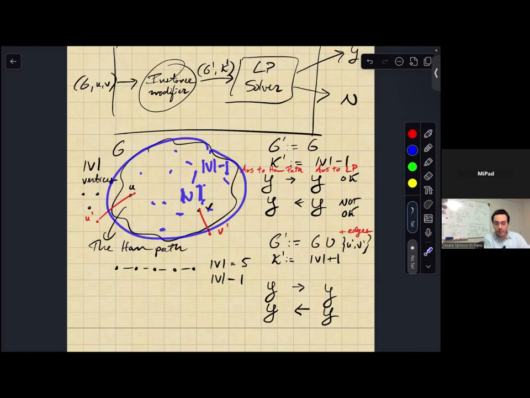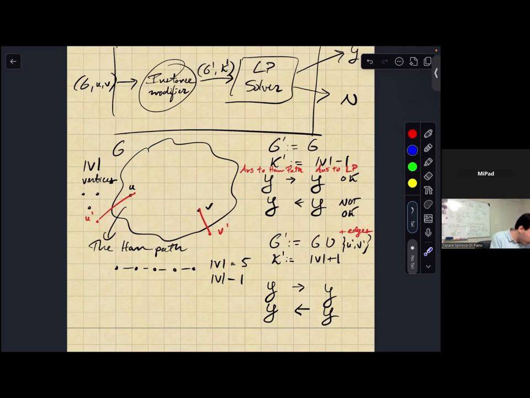So if my longest path is actually of length at least V plus 1, that's actually the maximum. But if it's of length V plus 1, then that must mean that it also includes this edge and this edge, because these go to two new vertices that weren't initially in my graph. So if the answer to this problem is yes, then because of the way I constructed G prime, I know what the solution must be.